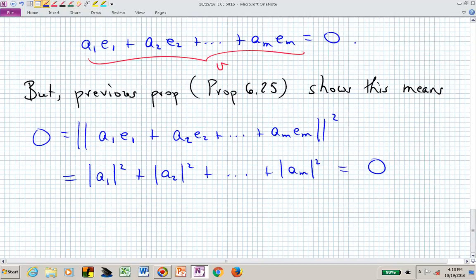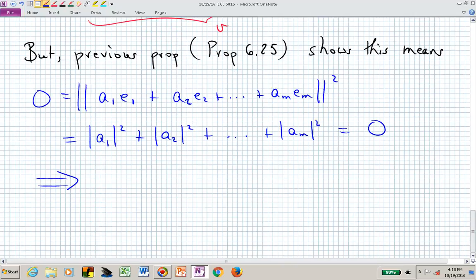But if a sum of non-negative values is 0, what does that say about any or all of those non-negative numbers? They all have to equal 0, or we would not be equaling 0. So that norm of a linear combination of orthonormal vectors allows us to say that, once we write the norm this way, every one of those coefficients actually is equal to 0.